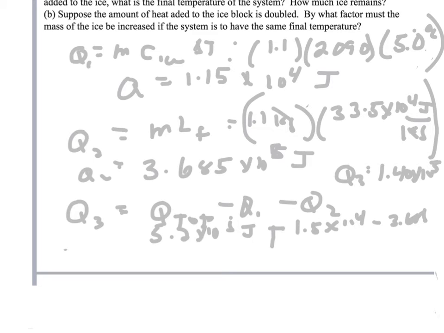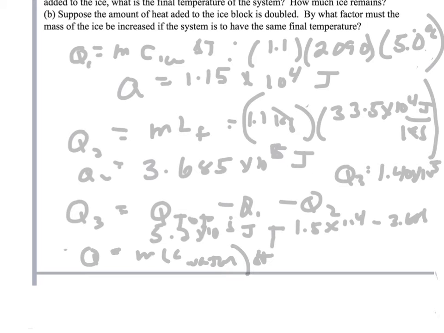the temperature difference. So the temperature difference again here is our M times our C, the specific heat capacity of water, times that temperature change, and that temperature change, of course, is T final minus T initial, and the initial was 0. It had melted, the melting point there.